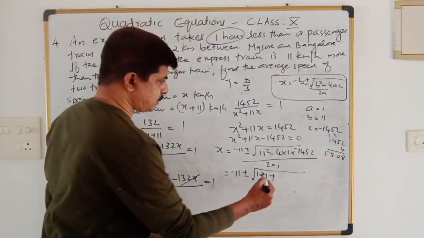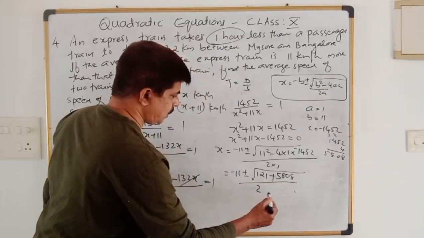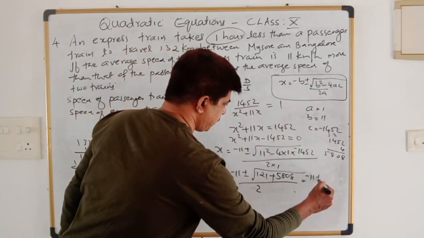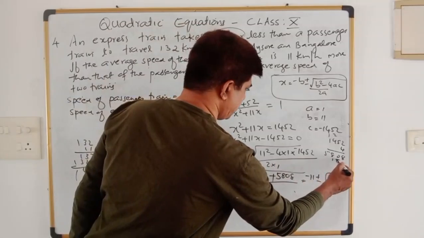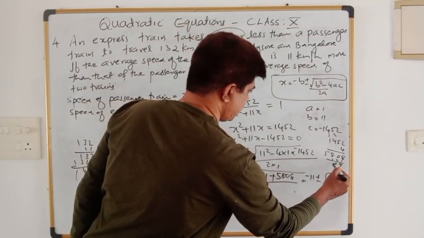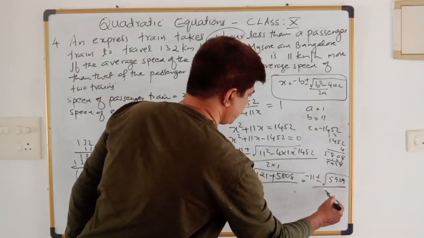Okay, minus 11 plus or minus root of 5808 plus 121, how much? 5929 by 2.